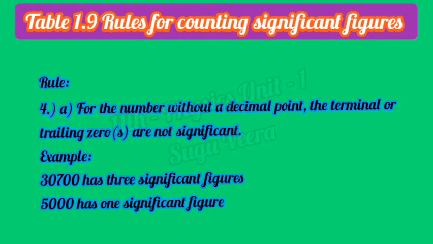Fourth rule, part A: for a number without a decimal point, the terminal or trailing zeros are not significant. For example, 30700 has 3 significant figures. Second example, 5000 has 1 significant figure.